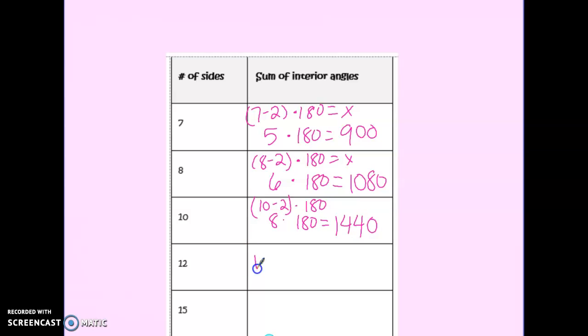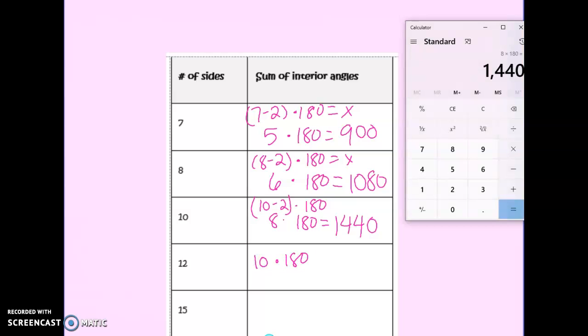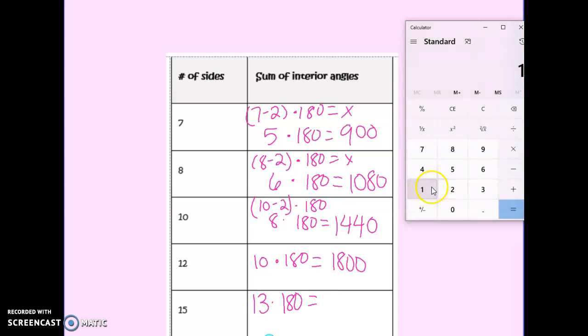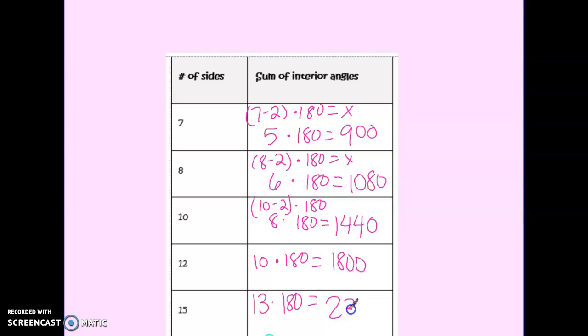Then we have 10 times 180, so 1800, and then we have 15 minus 2, which is 13 times 180, is 2,340.